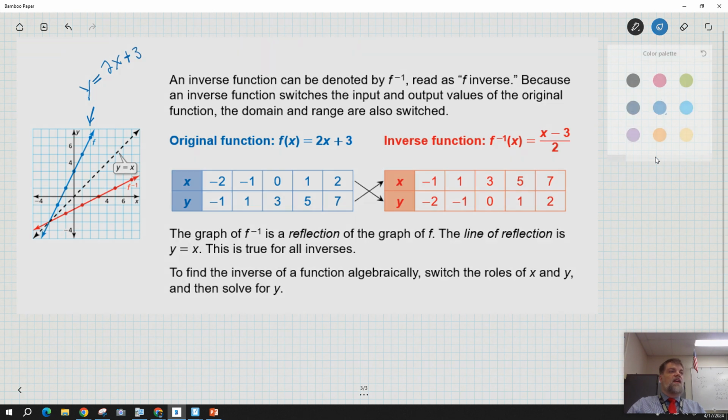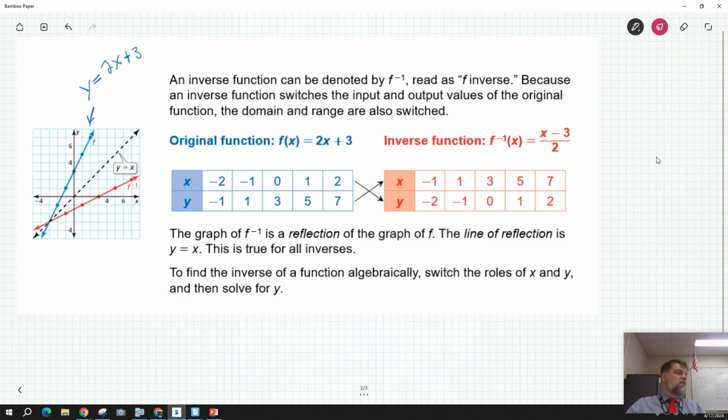All right, and then our inverse function that we found right here, this is f inverse of x, and that equals x minus 3 over 2. And maybe for good measure, I should write down the formal notation.